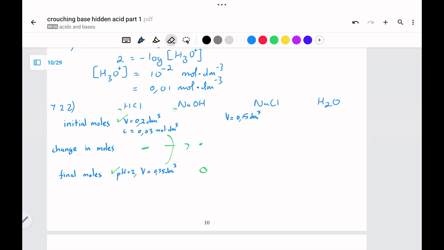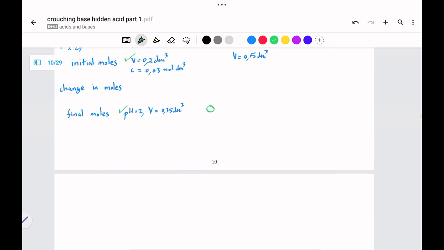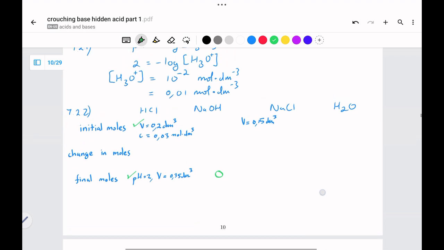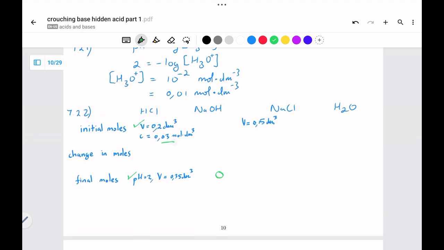Let's get rid of some of this. The 0 can stay because I like 0. Okay, so what to do? Let's get the initial moles and then we'll get the final moles.